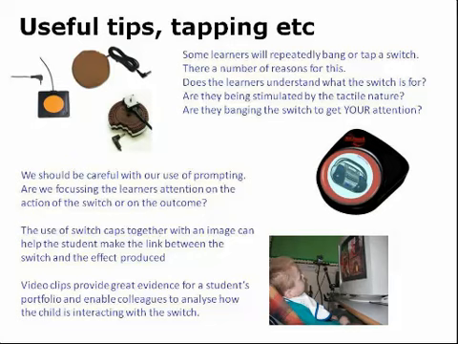The first is that the learner might not actually understand at all what the switch is for. We've presented the child with something on their tray. It's bright, it's colourful, and you can see it, and they will touch it and play with it, and it may well be tactile and interesting, but they don't actually understand what it's for.